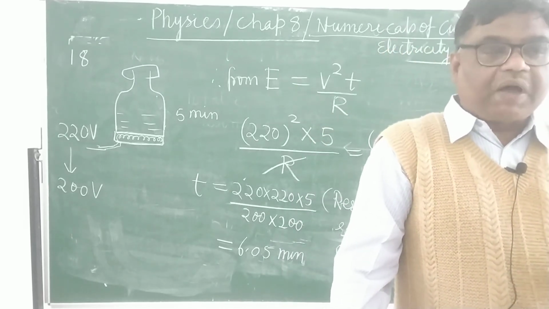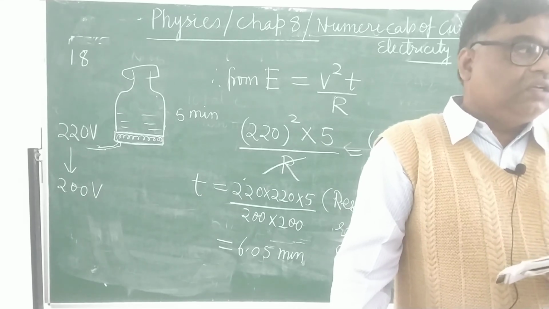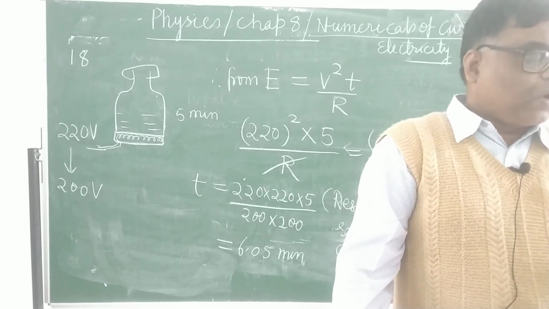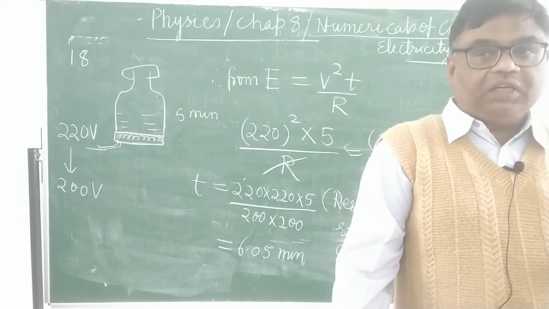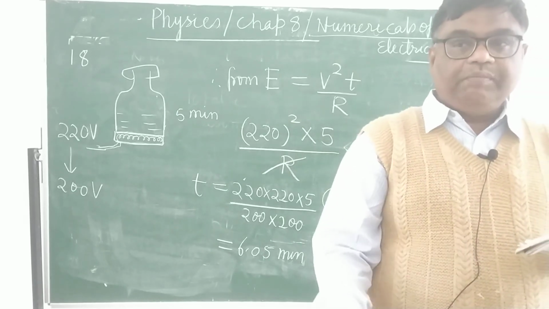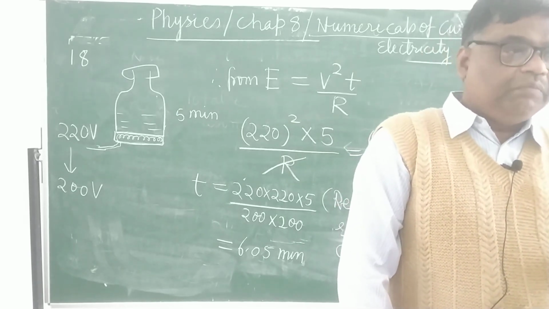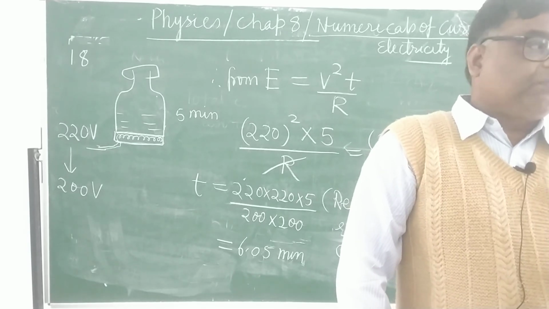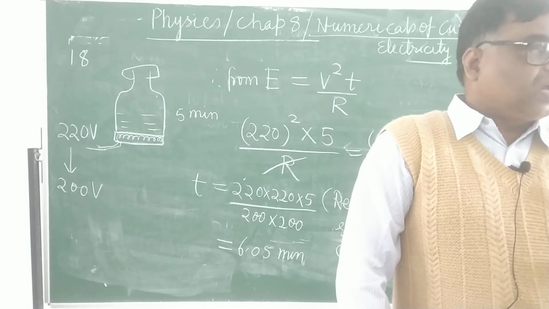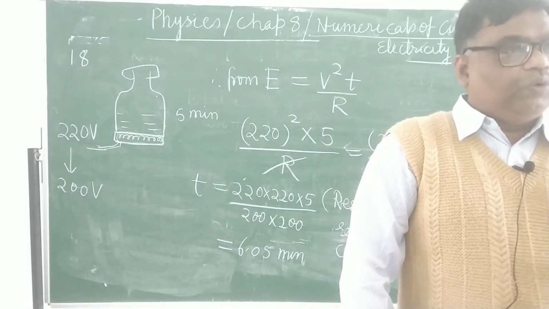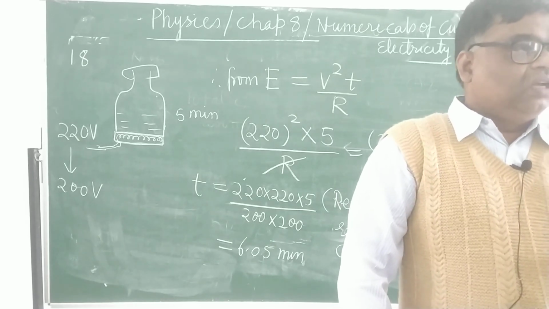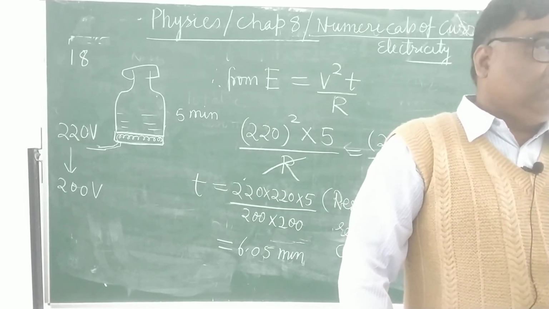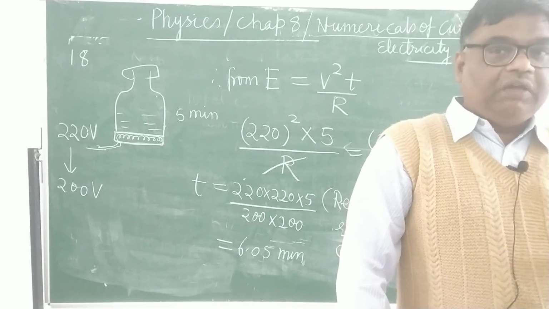So power you have calculated in the watt, V into I. So what will be the energy consumed in 2 hours? Power into time. You will get in watt hour, because power you have taken in watt, time you have taken in hour. How will you convert in kilowatt hour? Divided by 1000.